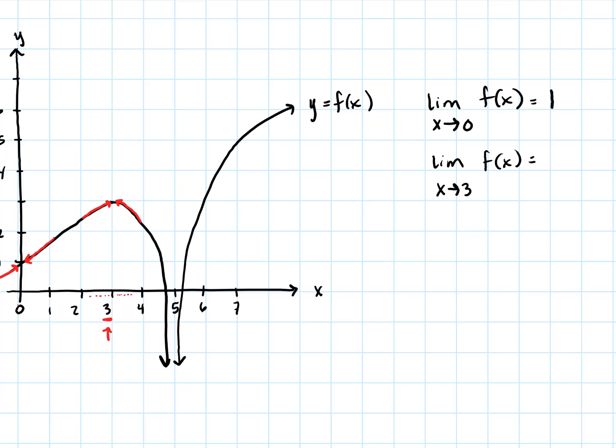You can think of it as tracing the function with your finger. Well, the function is approaching the value 3. I'm going to write these in red. So we would say that the limit of the function as x approaches 3 is equal to 3.